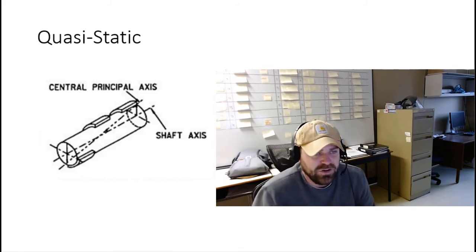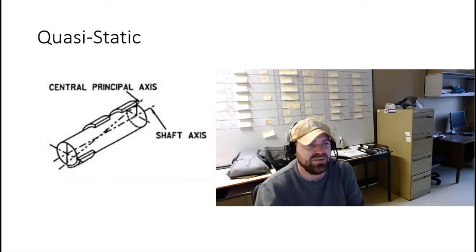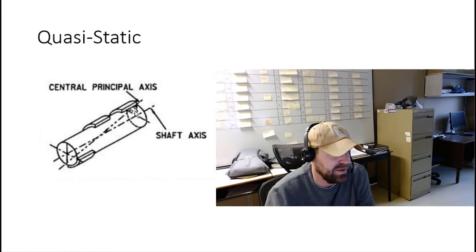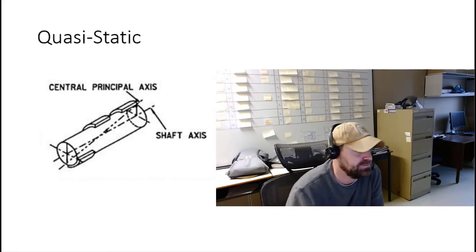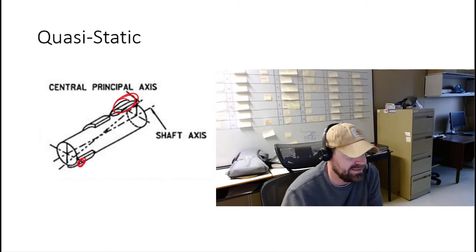What this looks like in the diagram is that we have a single heavy spot located at one end instead of the center, like a static imbalance. Let's grab a different color. The weight on this side is much bigger than the weight on this side.